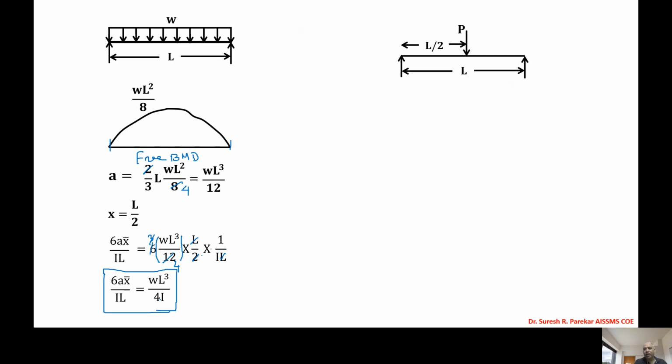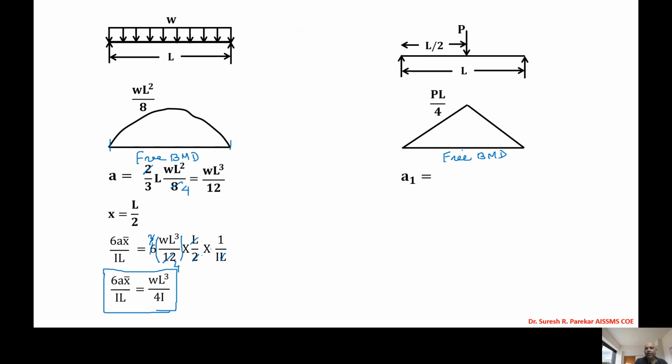So we can use this direct equation if we have UDL. Then if we have a concentrated load, this concentrated load should be at center, only then can we use this simplification. So in this case you can see we have the simply supported bending moment, or I can say free BMD. We have PL by 4, P is the concentrated load at center.